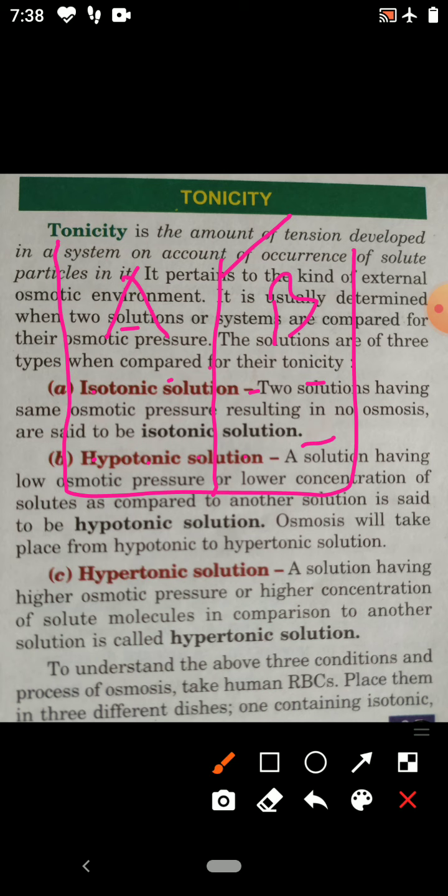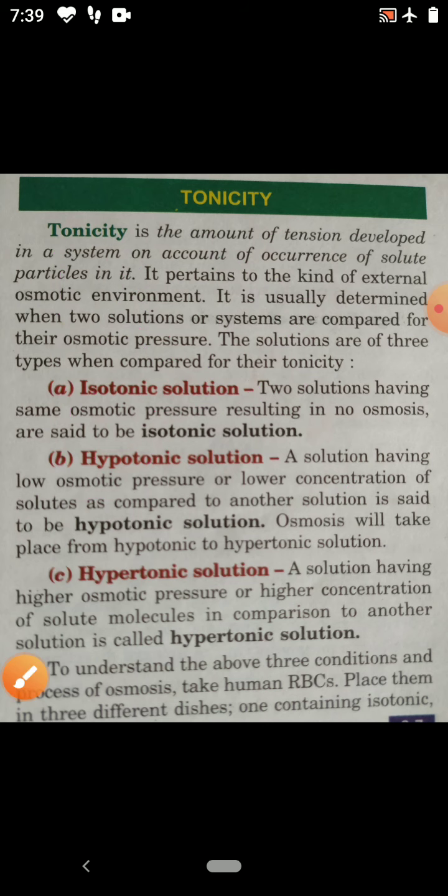If molecules of water from solution A move into solution B through this membrane, it means solution A is hypotonic in comparison to B. Why is it hypotonic? The reason is that the amount of solute present in solution A is less than in B.